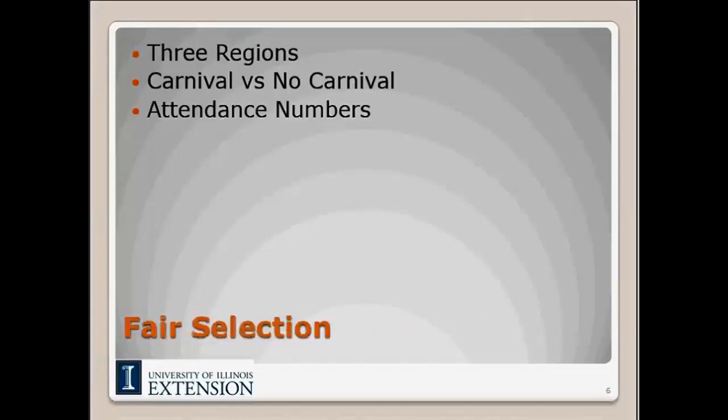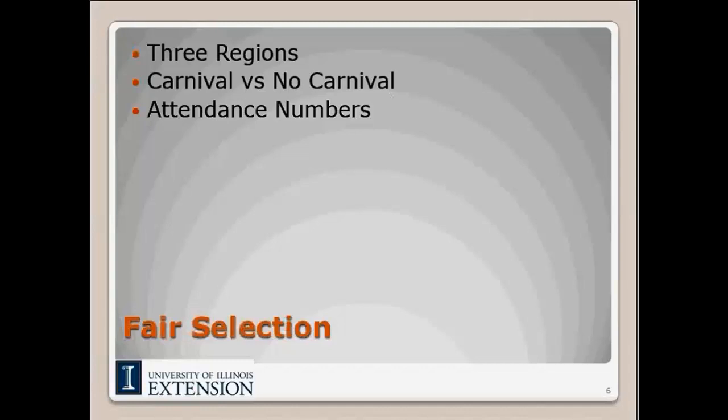Most of you probably really want to know how we selected the fairs, since your fair got selected. Basically, we did that based upon a lot of discussion with the Illinois Association of Ag Fairs boards, and they are divided into 3 regions.